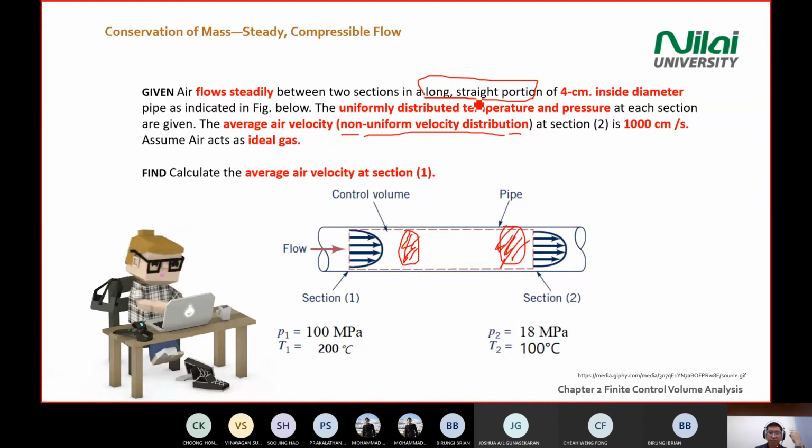Because of the long and straight statement. You mean for the control volume, right? Yes, inside the control volume here. Okay, I got it. So in the statement here, they state long and straight. The keyword is straight. Long and straight means the cross section is the same. It's a hidden meaning. All these are hidden meanings.